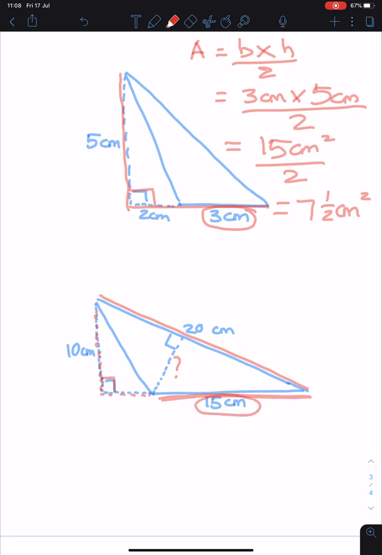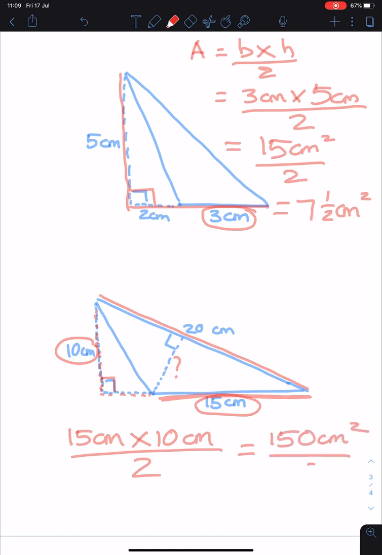We have a measurement for our base and a measurement for our height. So we will multiply base times by height and divide it by 2. 15 times 10 is 150 centimeters squared, divided by 2 is 75 centimeters squared.